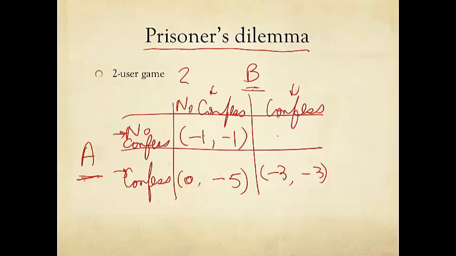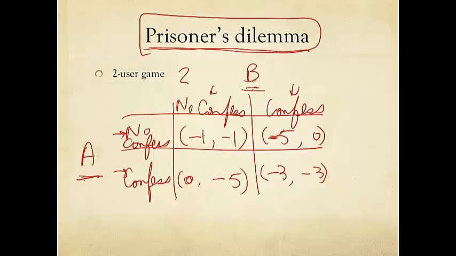And this is a symmetric game, so we also have this cell filled out exactly like this one. If B confessed, then she walks away with 0 years, and if A does not confess, then she will be getting 5 years.